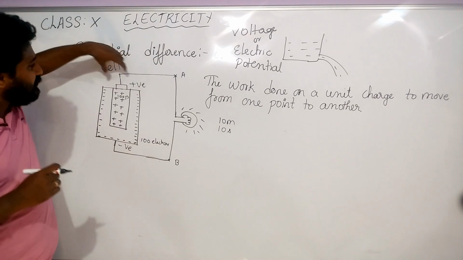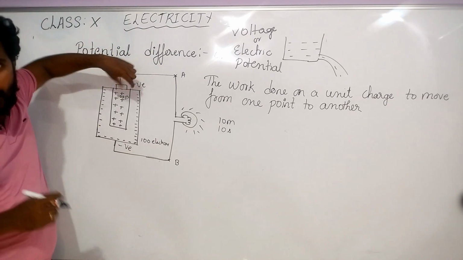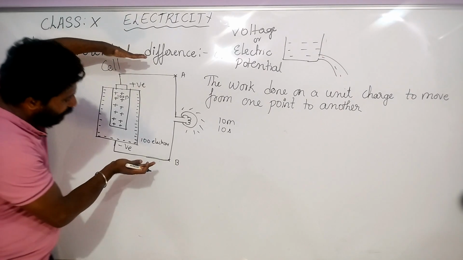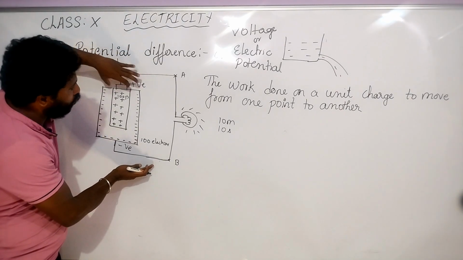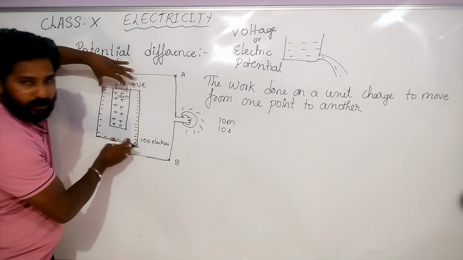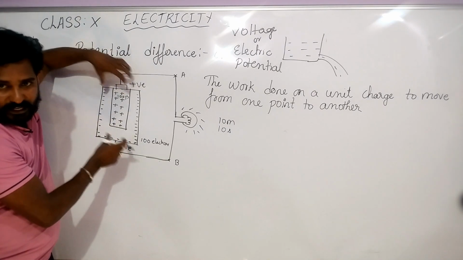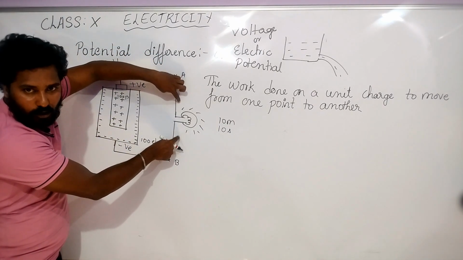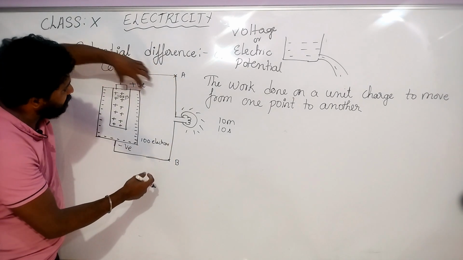Which means this is called potential difference, children, because we are keeping the protons here and the electrons here. More protons are there and a certain number of electrons are there. This is called potential difference. When you maintain a potential difference and connect a wire to this, what happens?